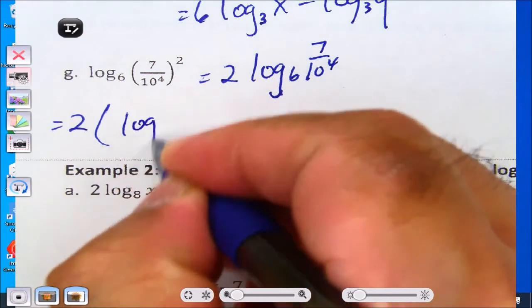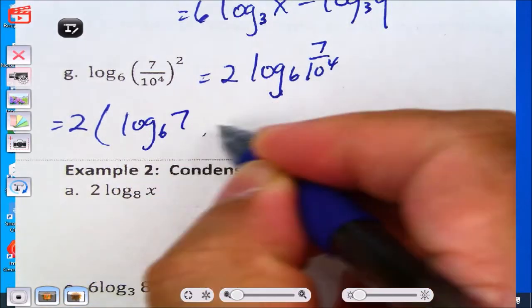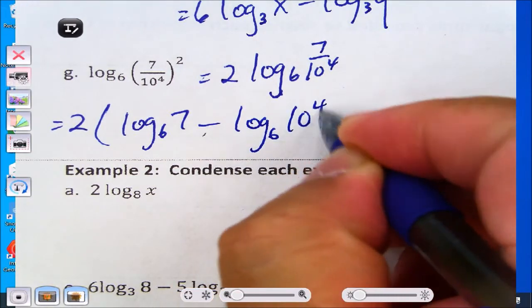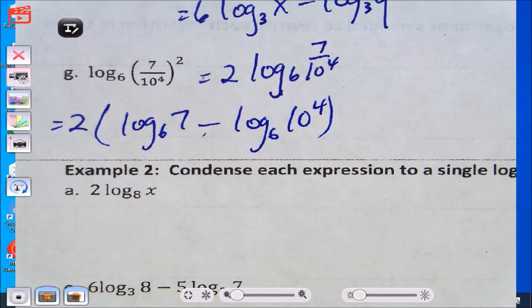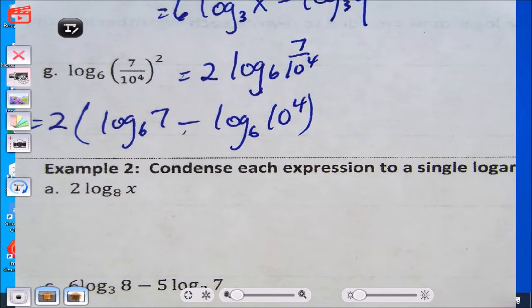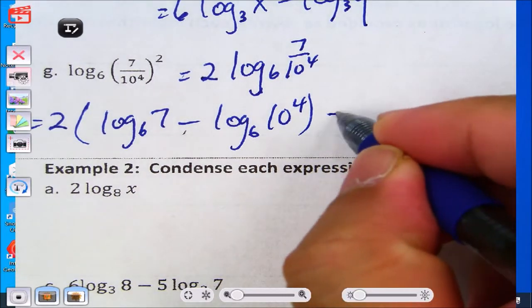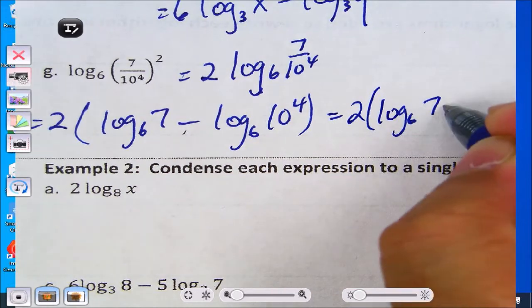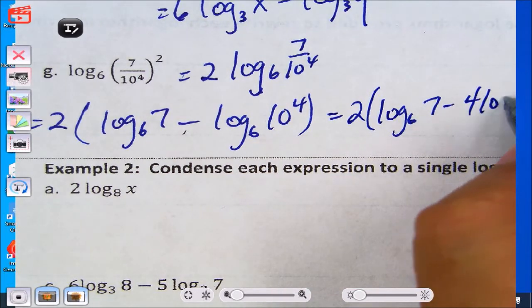So it's log base 6 of 7 minus log base 6 of 10 to the 4th. I'm still not done. Why not? I have this exponent. So it's going to be 2 parentheses log base 6 of 7 minus 4 log base 6 of 10.